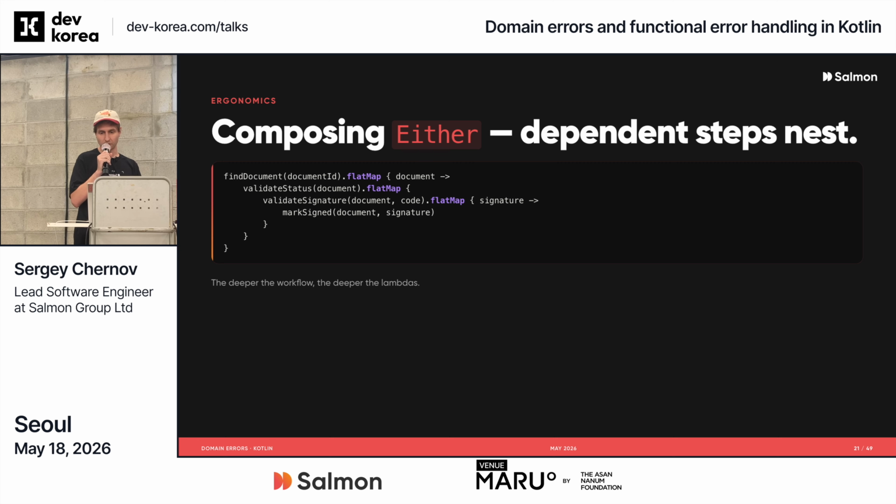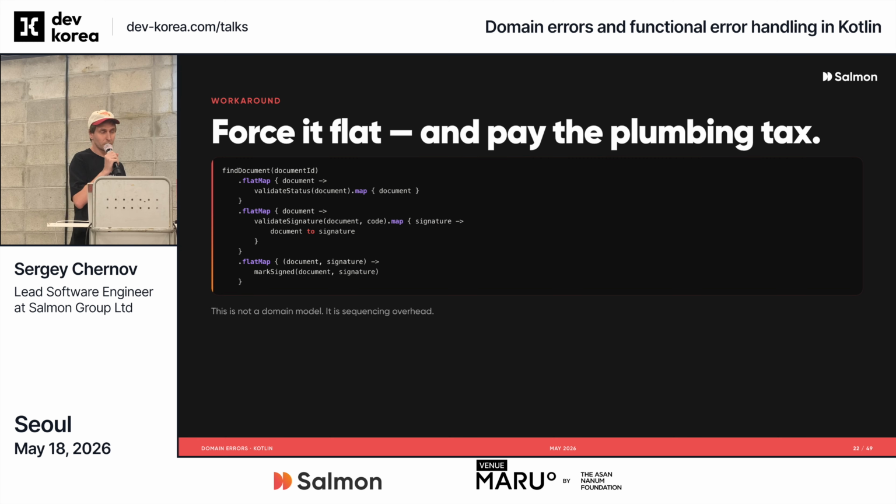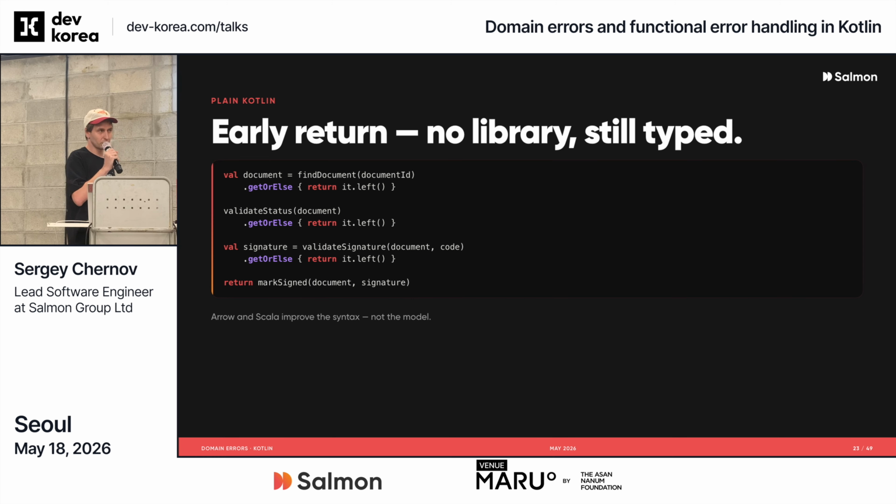So there are some approaches to handle it. You can try to just flatten it, but this approach doesn't look perfect, but still works. What else? You can try to do early return, and this code for me looks better.